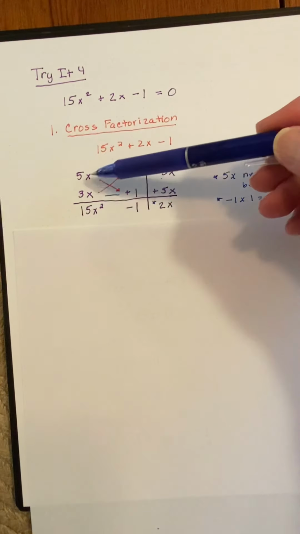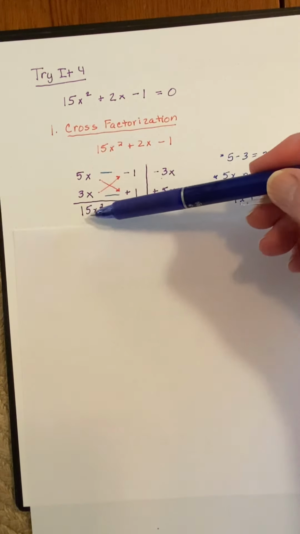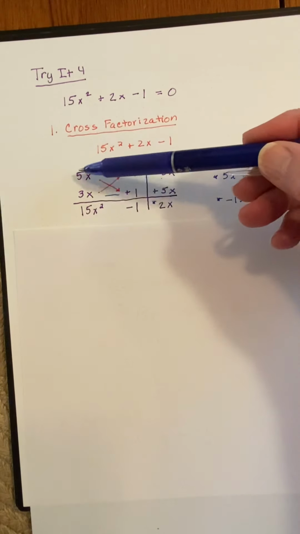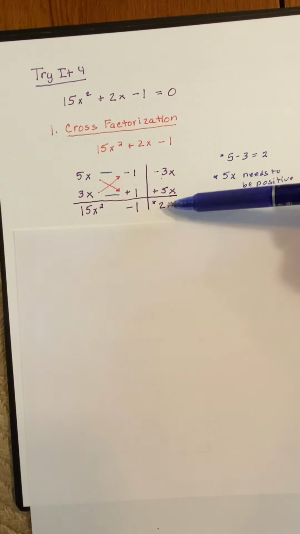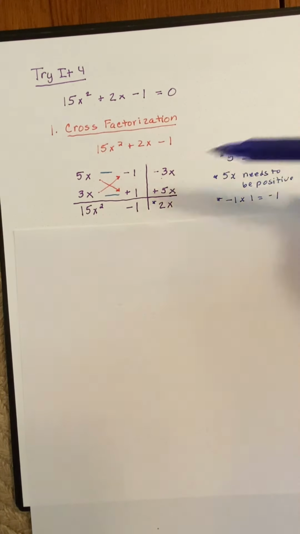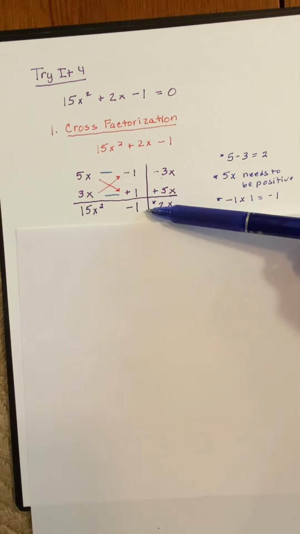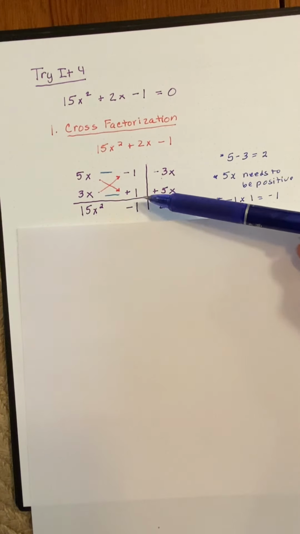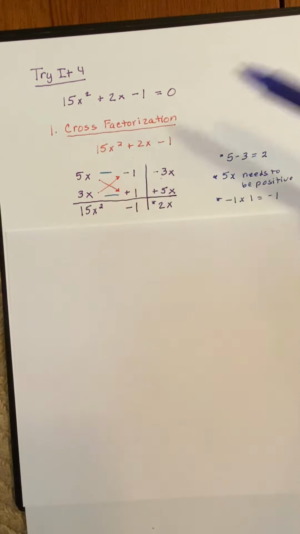Let's start over here. We have 5x times 3x gives us the 15x. So working with the 5 and the 3 to get to 2x, I'm going to have to subtract 3x. Negative 1 can only be achieved by a positive and a negative, so a positive 1 and a negative 1. So therefore, I have to decide where the positive goes and where the negative goes.